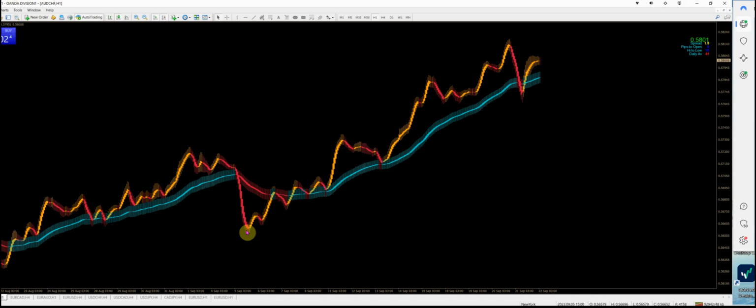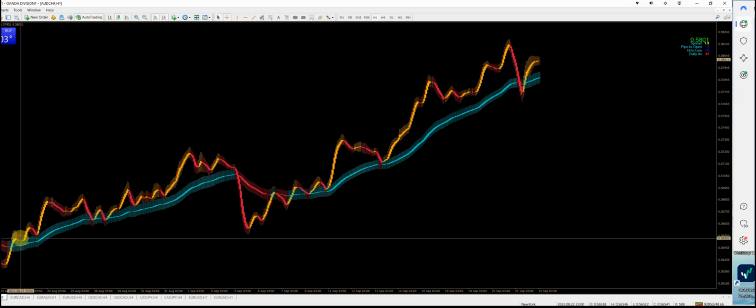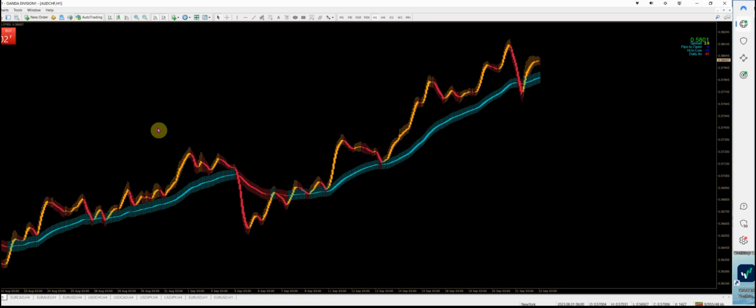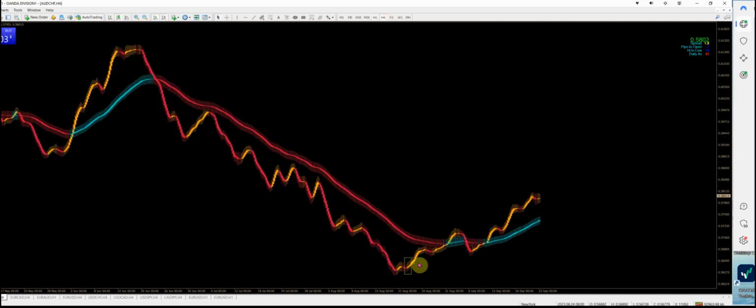We had this pullback here where things turned red again, but it quickly came back and has rallied through, and you'd be up something like 150 pips on this pair if you took it from back here. We go back to the 4 hour. Okay, that was basically the turn on the 4 hour chart.